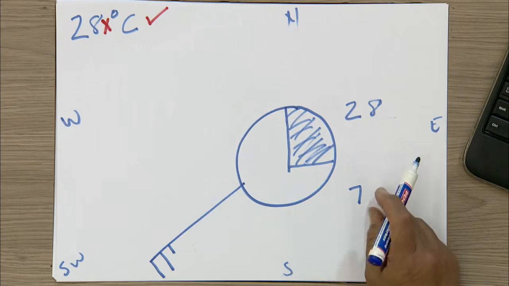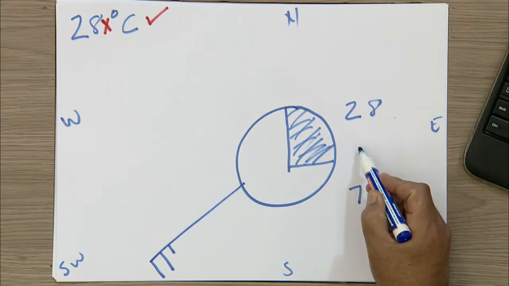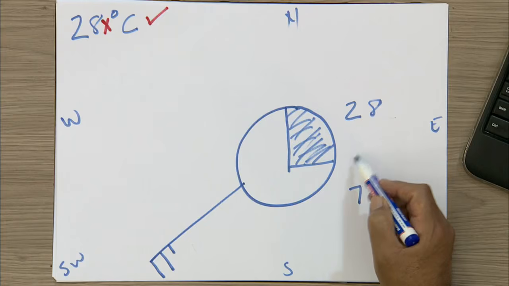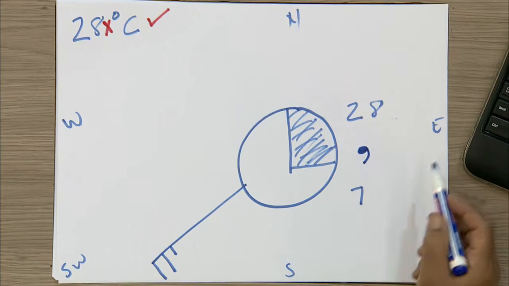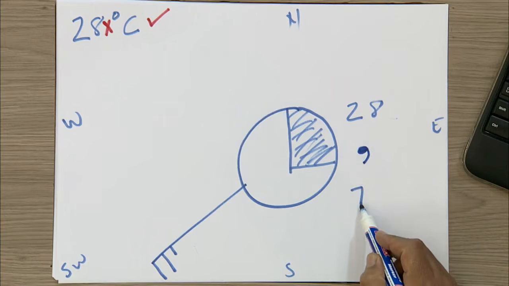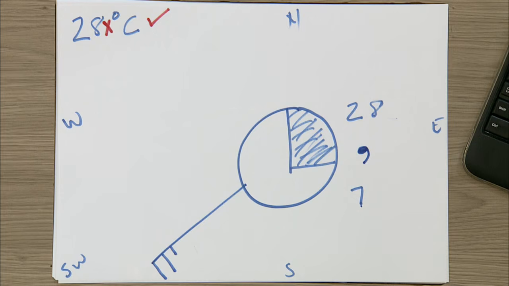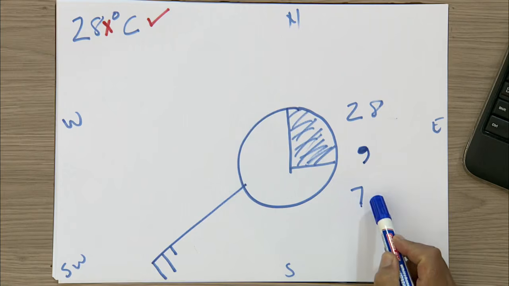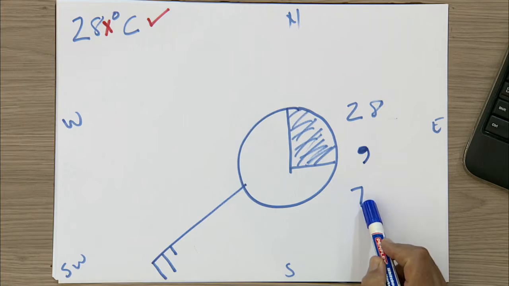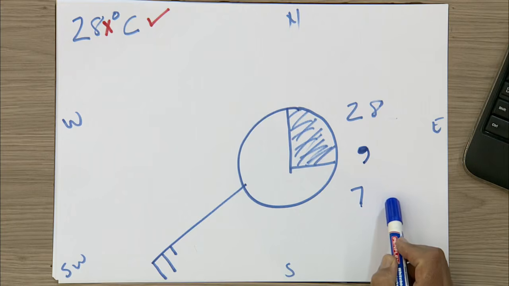Then over here, we will have a symbol for the type of precipitation. And that symbol over there represents drizzle. And the lower number represents the dew point temperature. Now, you would have learned in grade 10 last year that dew point temperature is the temperature at which condensation is going to occur.